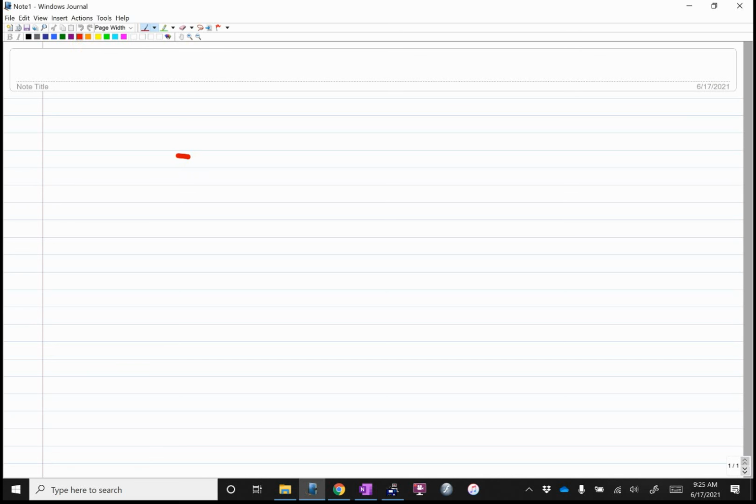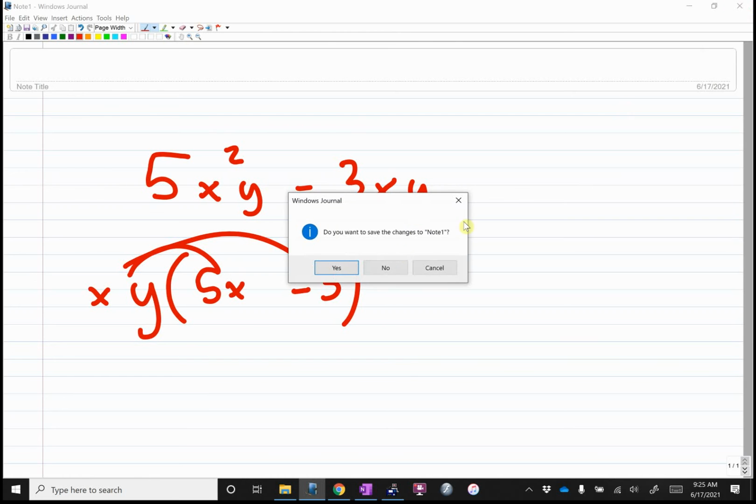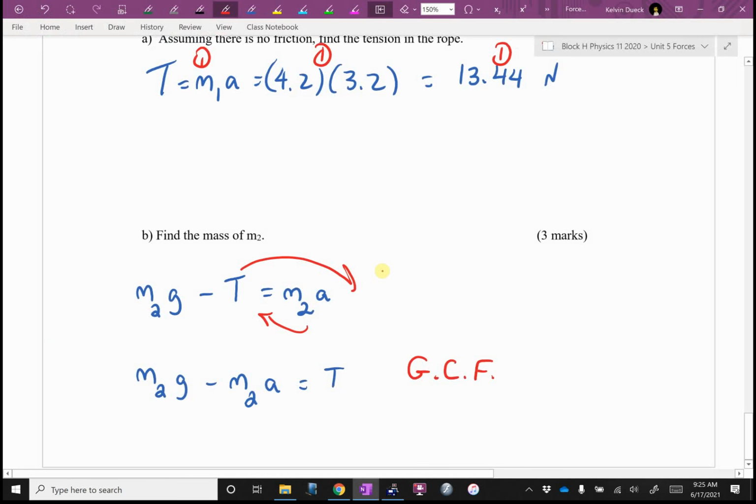If they said factor 5x squared y minus 3xy, you said, well, there's a y in everything, and then it's going to be 5x squared minus, there's a y and an x in everything, and it's going to be 5x minus 3. If you multiply that out, you'll get the previous line. GCF, greatest common factor. Holy smokes, who knew some of that was useful? So you're going to get M2 bracket G minus A.